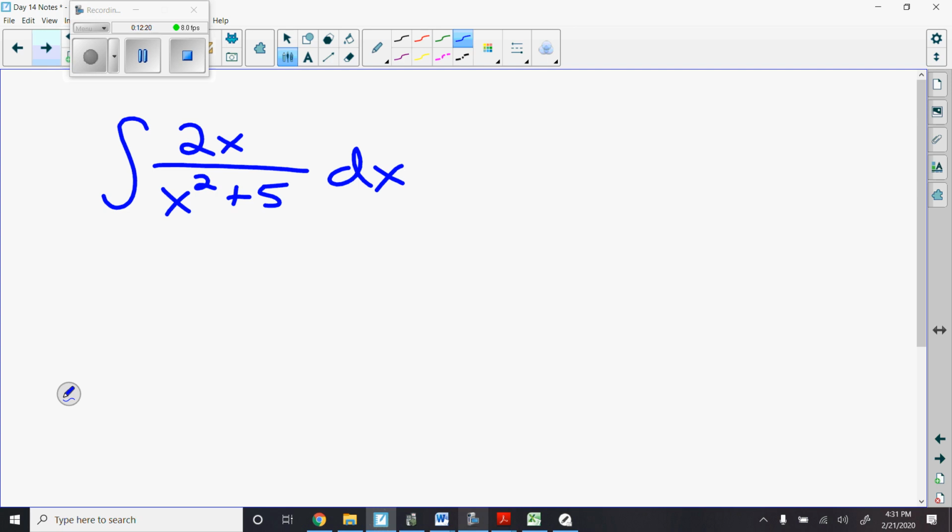But not only is x squared's derivative 2x, the whole denominator, including that plus 5, x squared plus 5, has a derivative of 2x as well. So I want to choose u to be as big as I can and still have a du show up. So I'm going to choose u to be x squared plus 5.